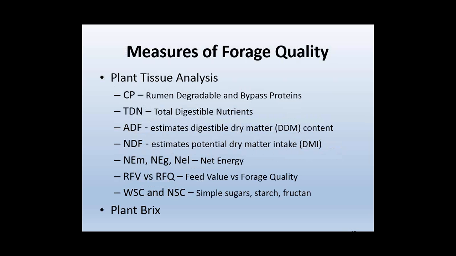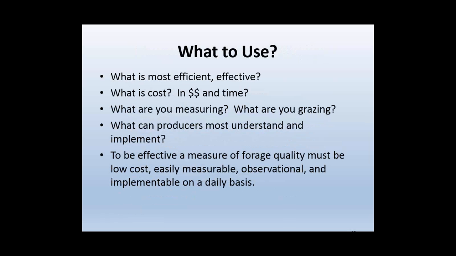So you can't do these cost effectively, and from a labor standpoint, very often. The one thing that you can do often, every day, every week, is measure the brix in your forages. And so the question you have to ask yourself is, in terms of looking at forage quality, what are the most efficient and effective methods that I can use as a producer?